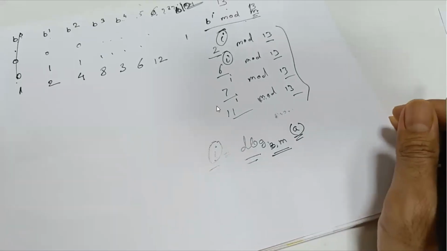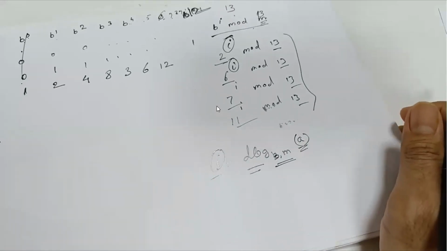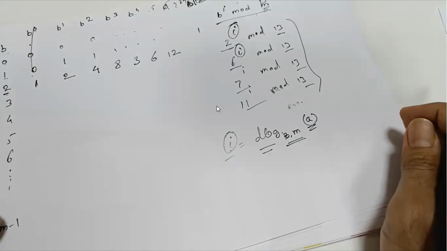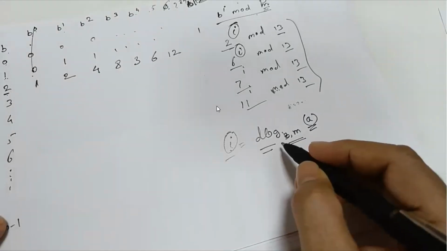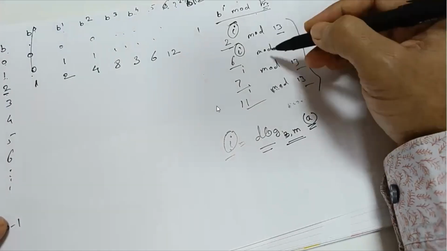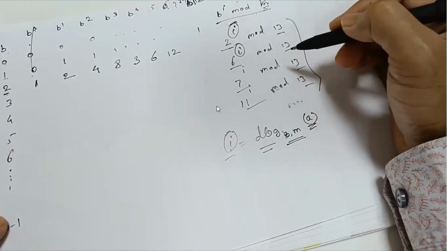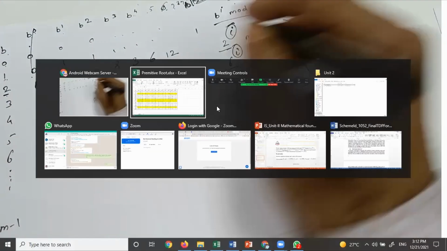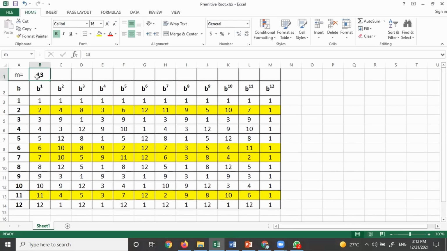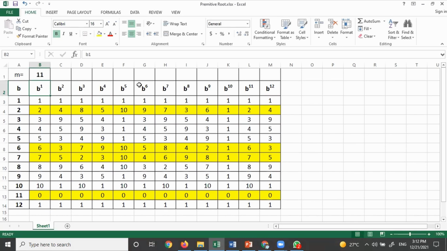So whenever the question is asked about the discrete log, how to find the discrete log, you can prepare the table. First, you have to check whether the primitive root is possible. If I give you another example, instead of 13, let's put it at 11.